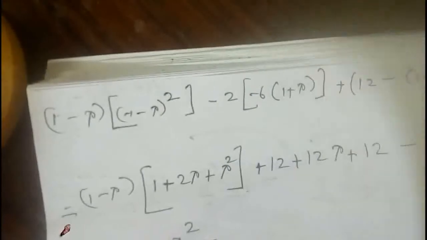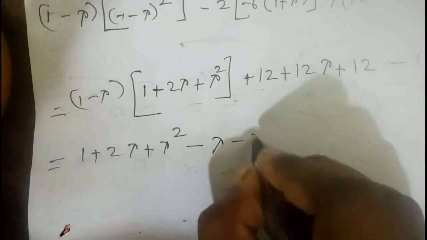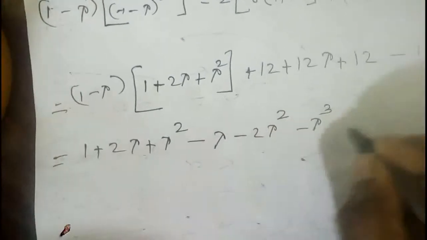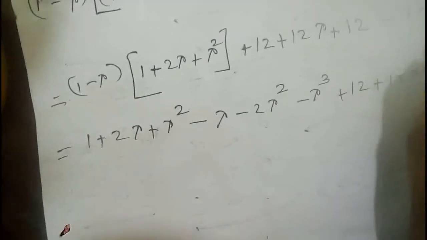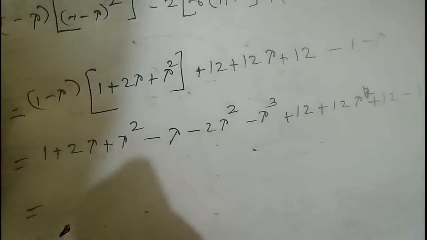Expanding further, we get minus lambda minus 2 lambda square minus lambda cube plus 12 lambda square, 12 lambda plus 12, minus 1 minus lambda.